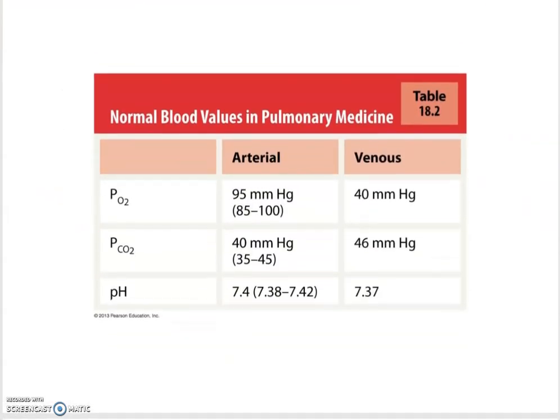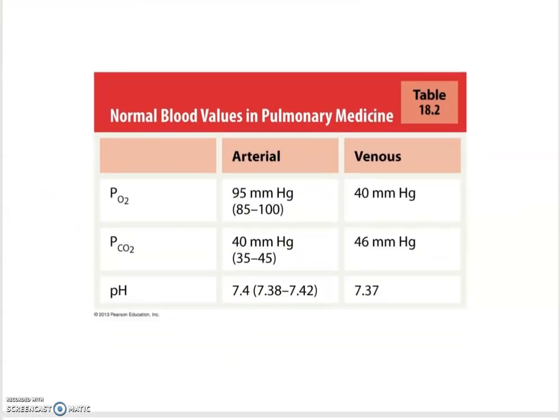So here would be the normal blood values in this table. The partial pressure of oxygen should be somewhere about 95 millimeters of mercury on the arterial side, about 40 millimeters of mercury on the venous side. The CO2 levels, 40 millimeters of mercury on the arterial side, 46 millimeters of mercury on the venous side as you're picking up more and more CO2.